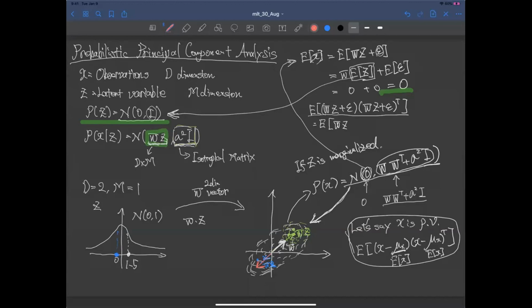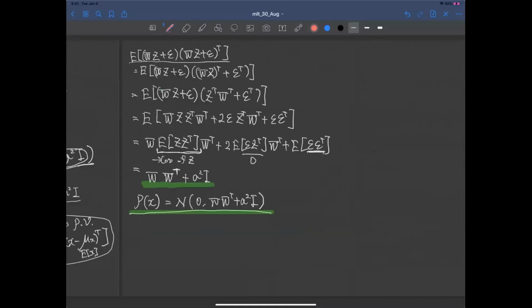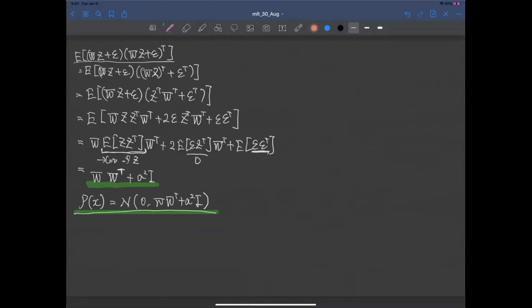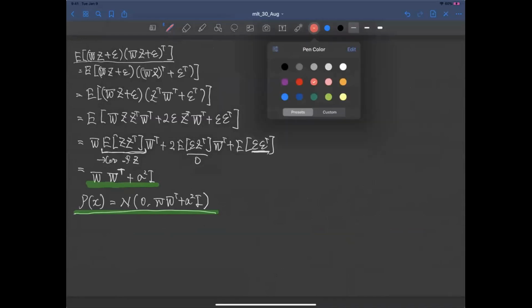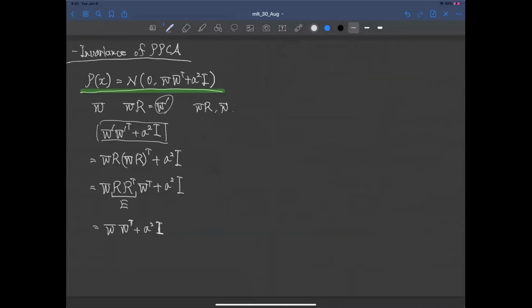Yeah. Then I think now I'd like to explain what the transformation with R is. So what does it look like?